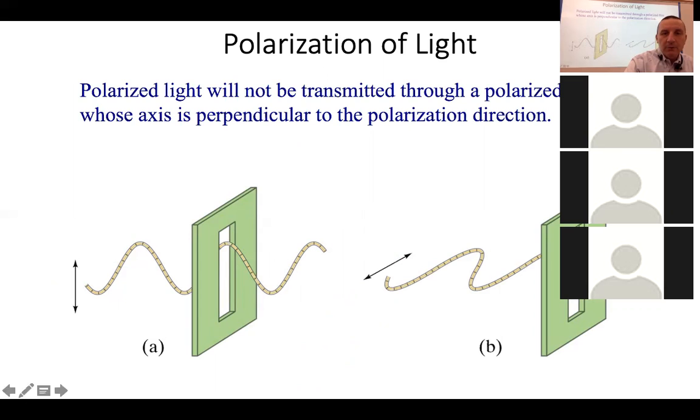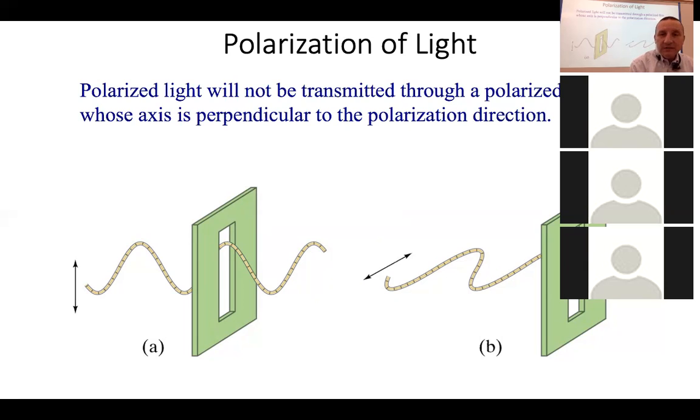But if it's perpendicular to the wave, when the rope gets to that, it starts hitting the sides of the slit in the board and it's unable to continue on past. So you can see in our little picture here in picture B that the rope on the right side of the board no longer has a wave in it.